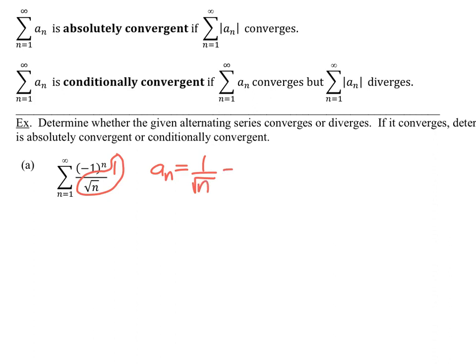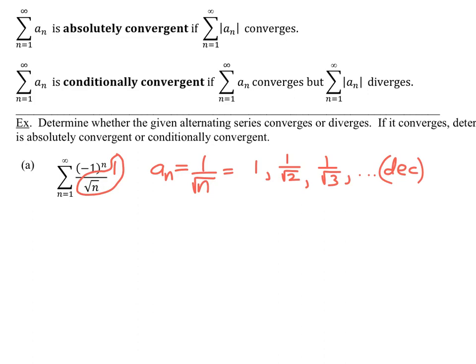The expansion of that would be 1, then 1 over root 2, then 1 over root 3. We know it's alternating, so you could ditch that step because the negative 1 to the nth establishes that it's alternating. All right. Also, determine whether the given alternating series converges or diverges. So it's really kind of letting you off the hook with that. I just need to make sure that it's decreasing, and in this case it is. All right, decreasing.